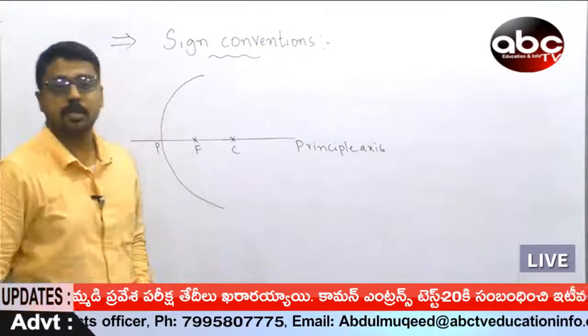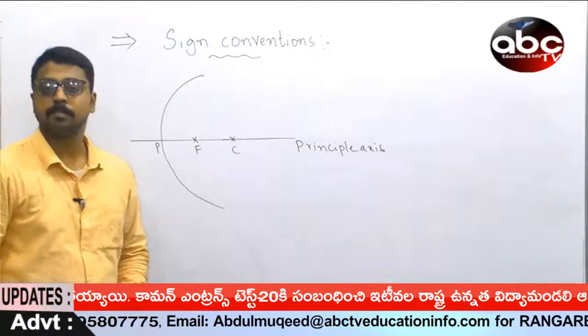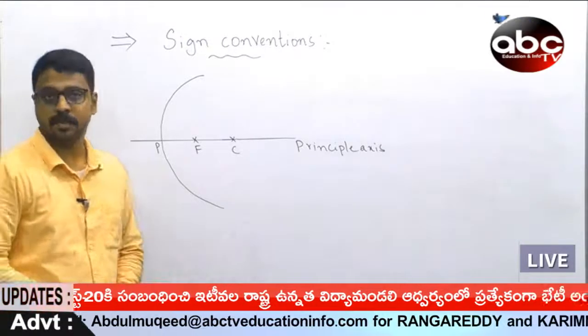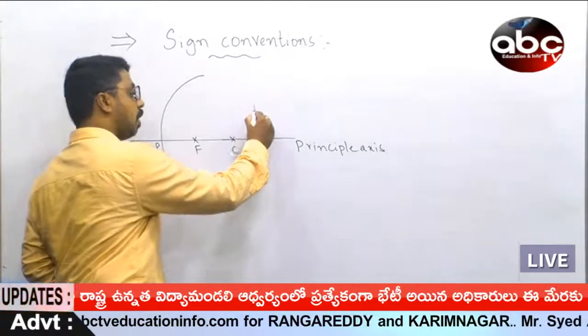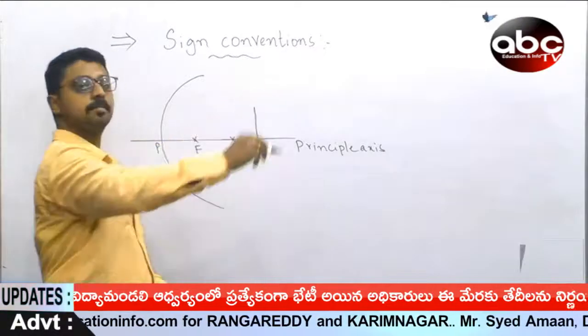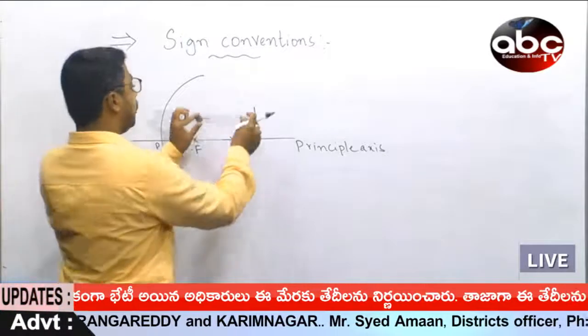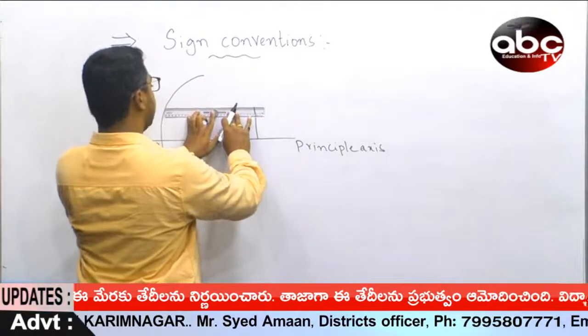My dear children, we are going to study about the direction. That means we are going to study about the distance. You see, let me place an object here. Naturally, I consider a parallel ray here.